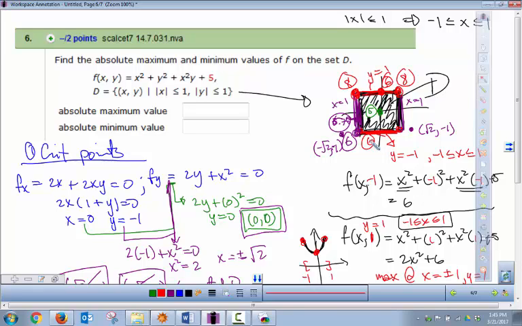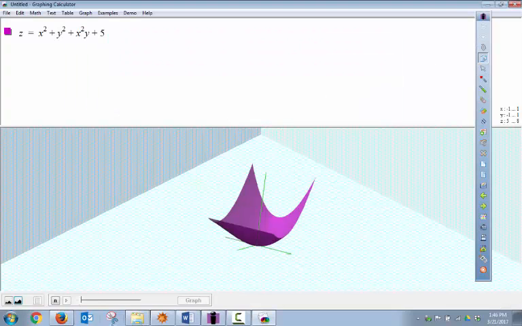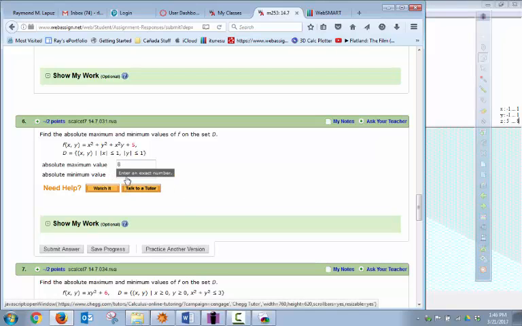Or sometimes we might get lucky and it might be just one graph like a circle, in which case it might be easy to check that way as well. So in this case, we found our absolute max and absolute min. The absolute maximum value was 8. The absolute minimum value was 5.